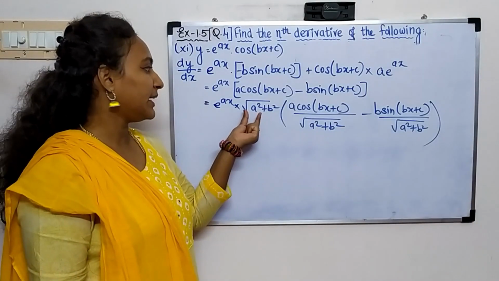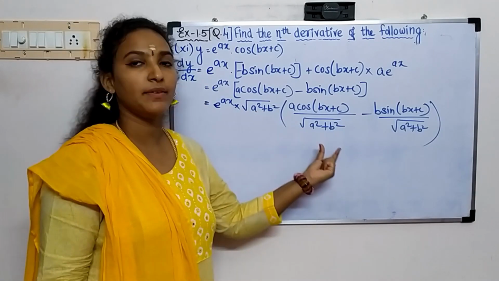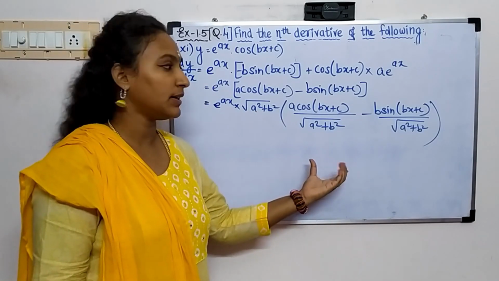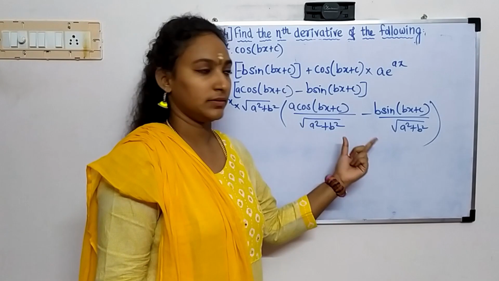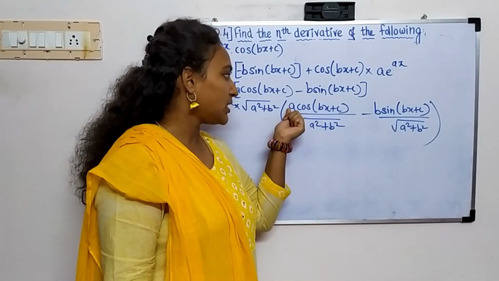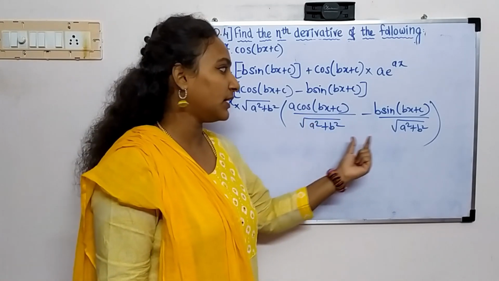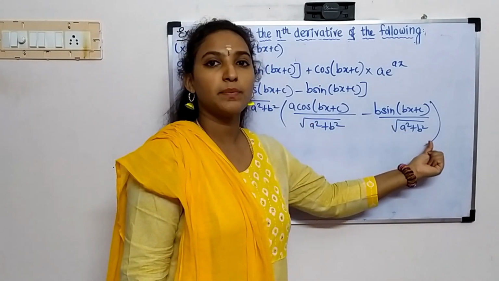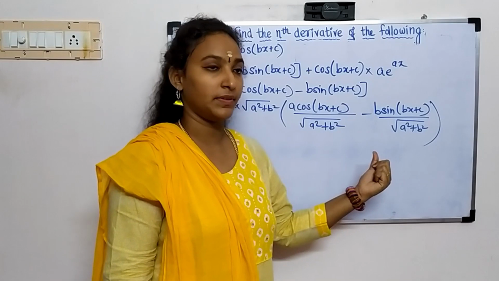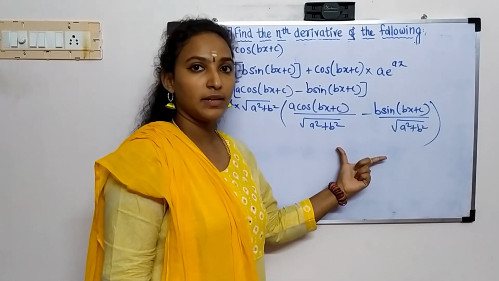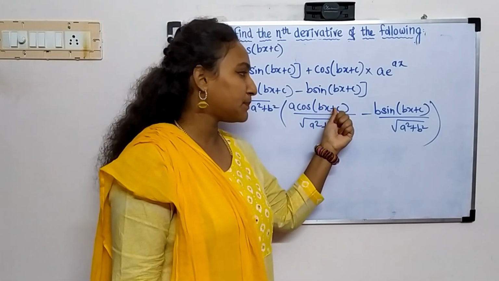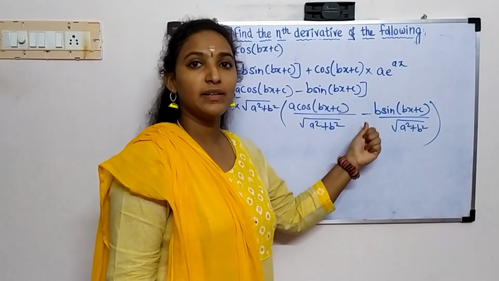We have multiplied and divided by root a square plus b square to get a formula. In place of a by root a square plus b square, we are going to put cos alpha, and b by root a square plus b square, we are going to put sin alpha. So this becomes cos bx plus c plus alpha.